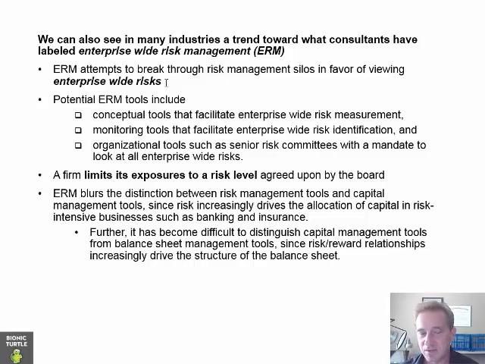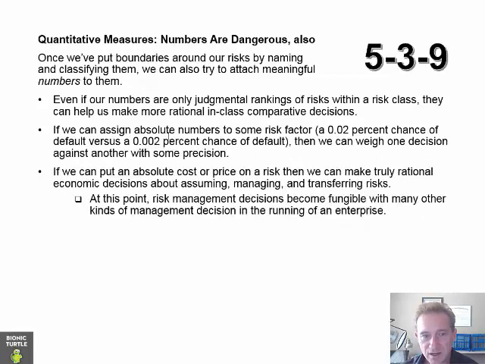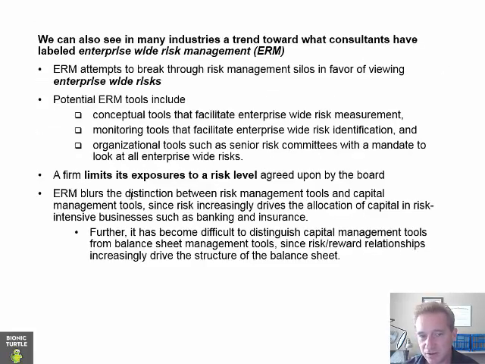I would think of it maybe as taking a horizontal view of the organization as opposed to a vertical view in the functions. But it's an ability to talk about risk in a holistic way rather than just be limited by a vertical function. And they also make a point that ERM blurs the distinction between risk management tools and capital management tools.